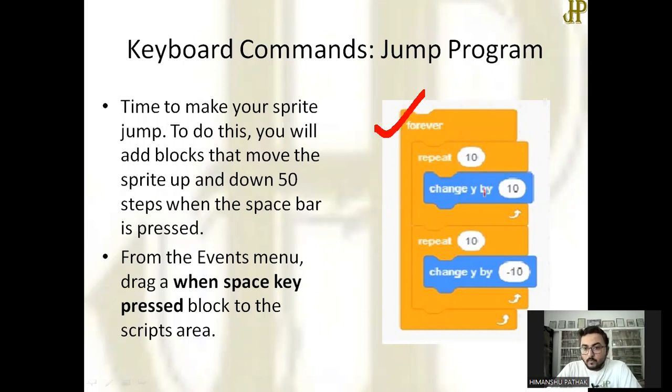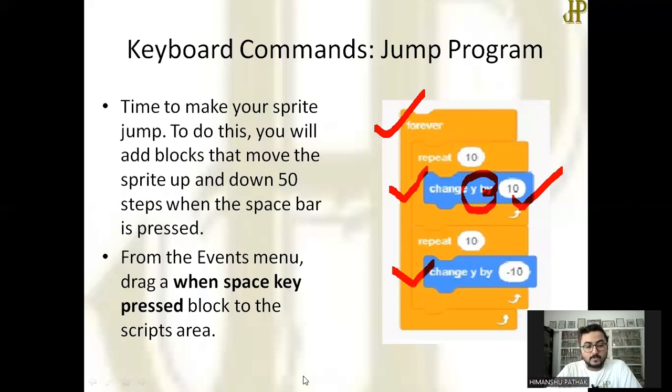Y value should be increased by 10. And when it has moved in the Y direction 10 times, now move down by 10 again. So it looks like the sprite is jumping. So two repeat statements are to be included.